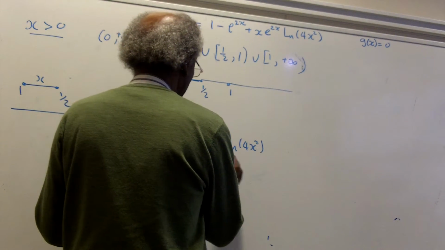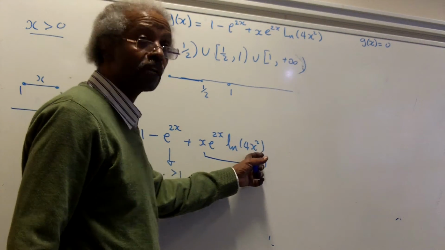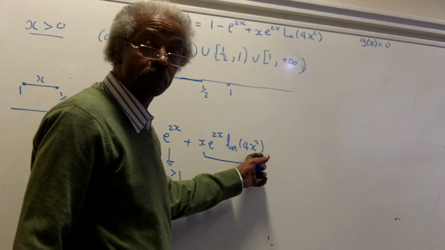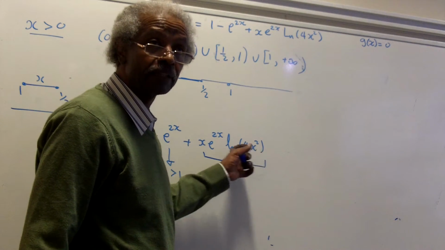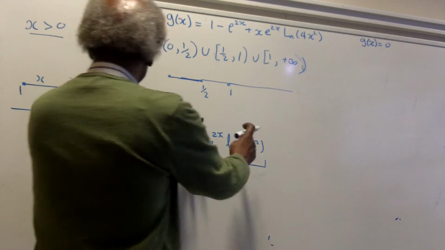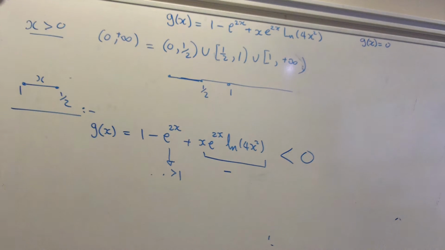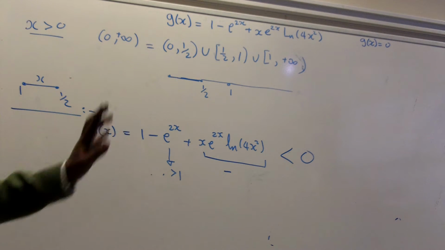Now, this bit here, when x is exactly a half, ln is equal to 0. Less than a half, that is negative. So this bit is negative, that is negative, and therefore the whole thing is less than 0. So if we take any x in this area, g(x) is less than 0.